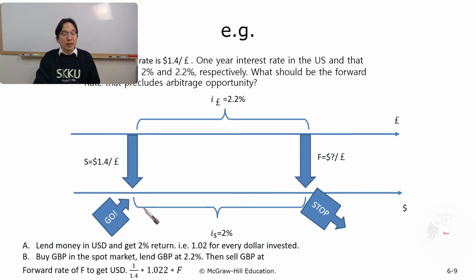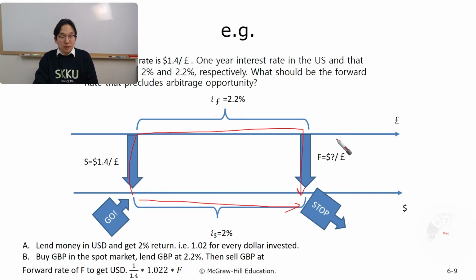So what was the idea? One investment is investing in US dollar terms only, lending money in US treasuries. The other is converting into British pound and then investing in British treasuries, and then at the end of the day you convert it back to US dollars at the promised rate, which is the forward rate.